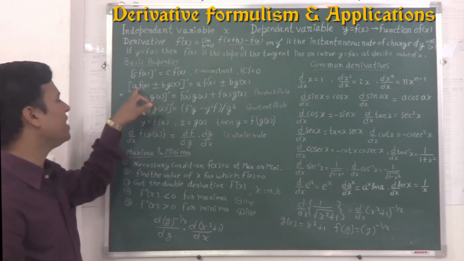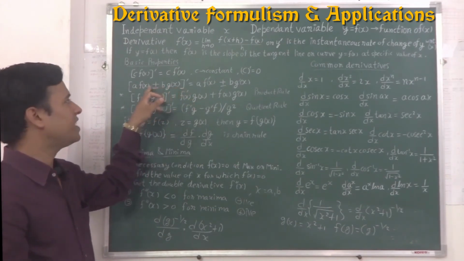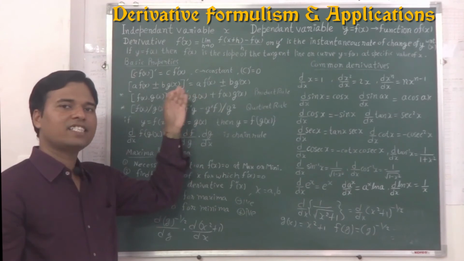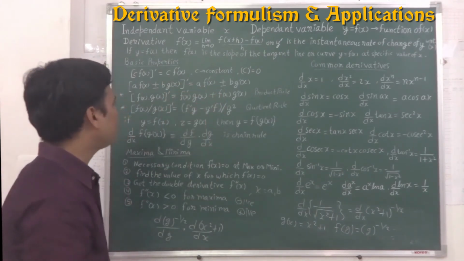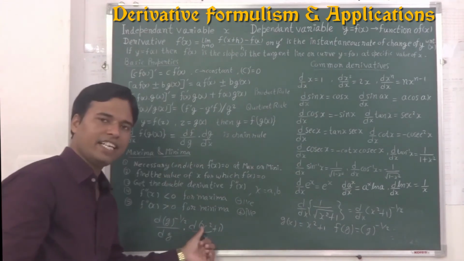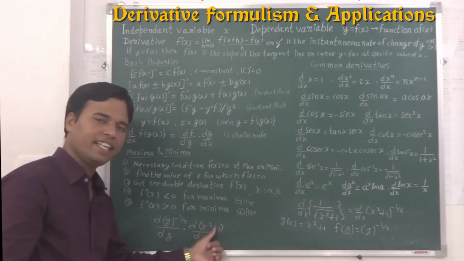Use the second rule, in which we can get the derivative of a function which is an addition or subtraction of two different functions: get the derivatives of these two functions and add them.